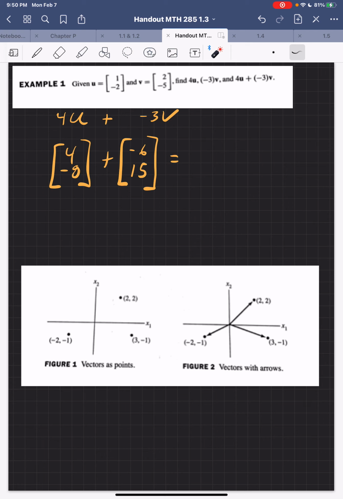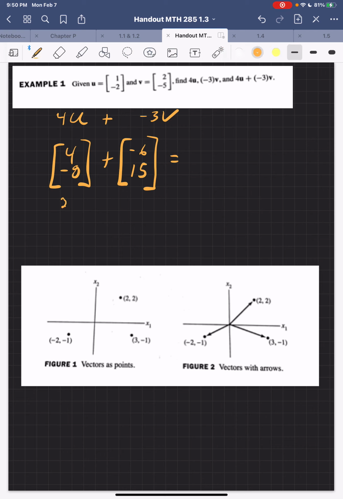Okay, so when it comes to matrices, if you want to add matrices, you can only add matrices of the same dimension, right? So you can add a 2 by 2 matrix to another 2 by 2 matrix, not a problem. But you cannot add a 2 by 2 matrix to a 3 by 3 matrix, or a 2 by 2 matrix to a 2 by 3 matrix. They have to be the same order.